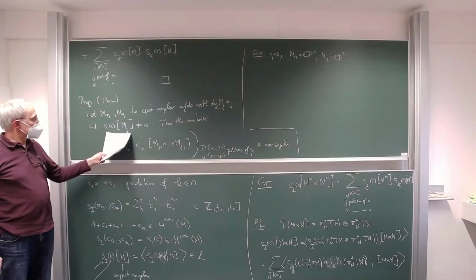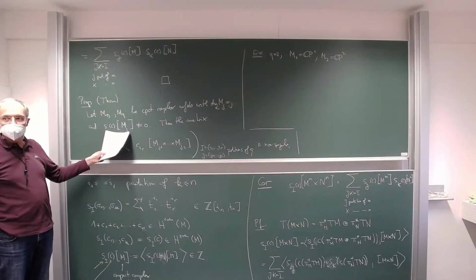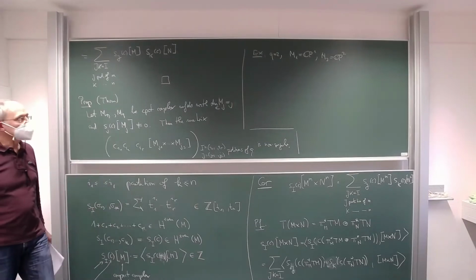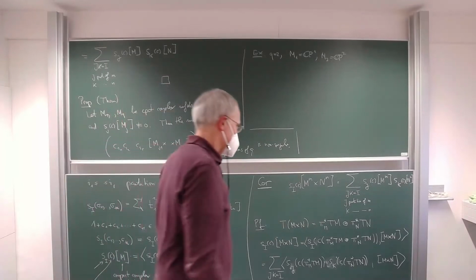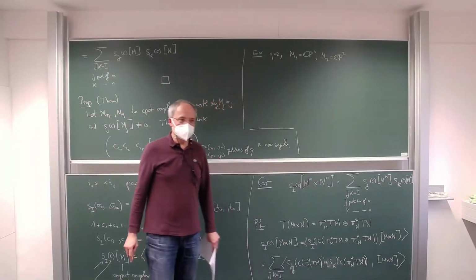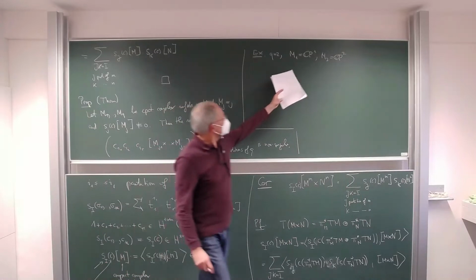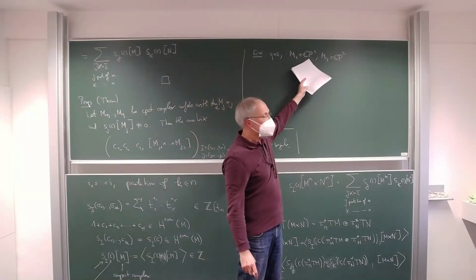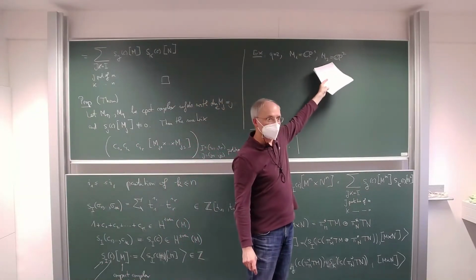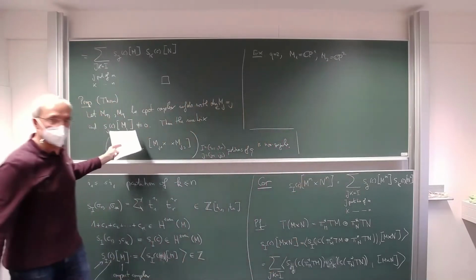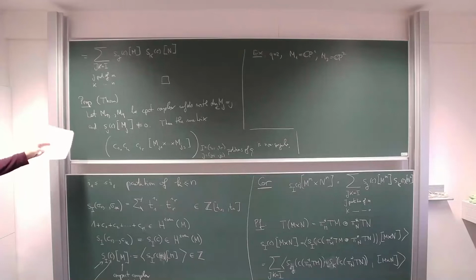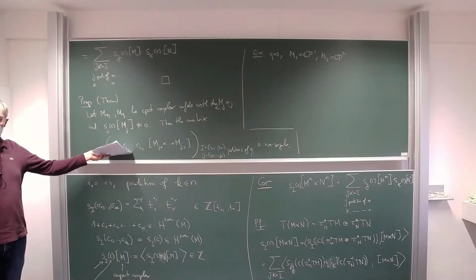Does anyone remember the values of these numbers? We computed them last time for projective spaces. One more than the complex dimension, right? So this one, S1 of CP1 gives us 2, S2 of CP2 gives us 3, and so forth. In any case, they're non-zero. So by the proposition, this matrix should be non-singular then.